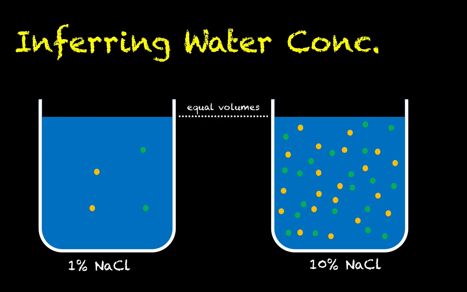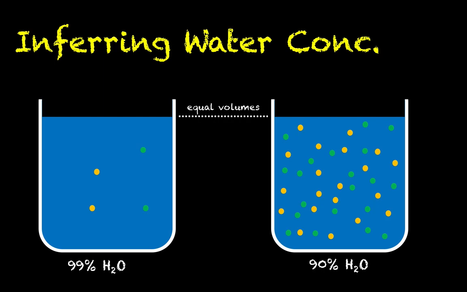If you look at the left solution, 1% sodium chloride, if sodium and chloride ions are literally the only solutes that you find in this solution, that means that the remaining 99% of the solution has to be made of solvent, in that case, water. Whereas the other solution, which was 10% sodium chloride, the other 90% has to be water.